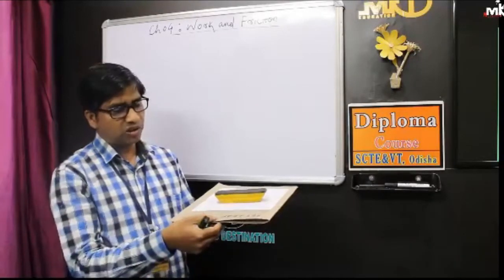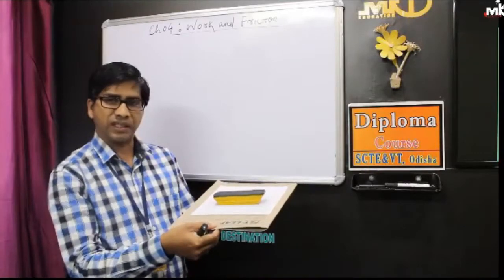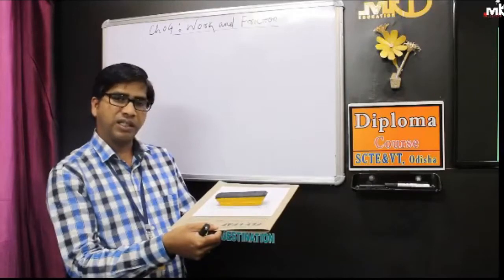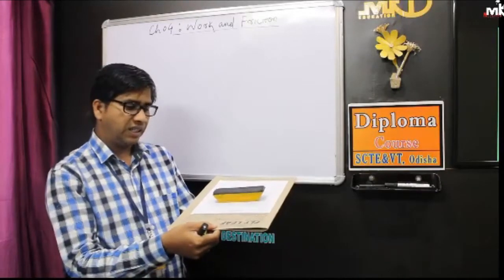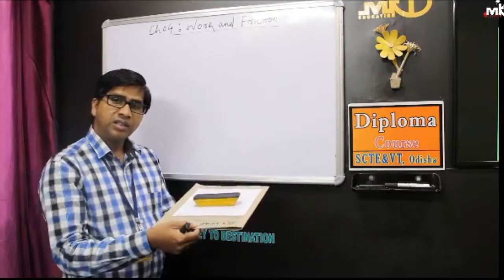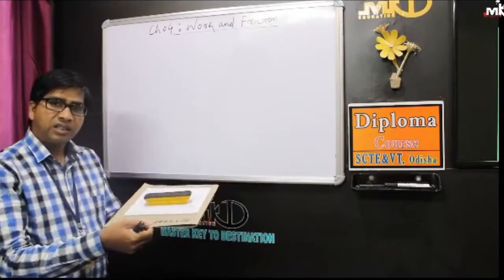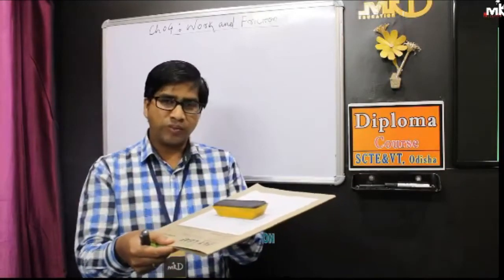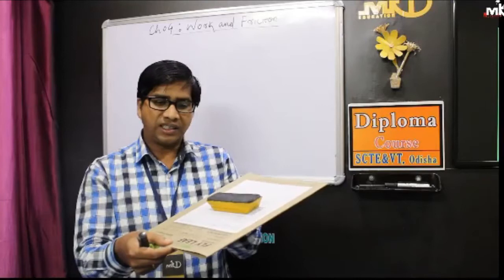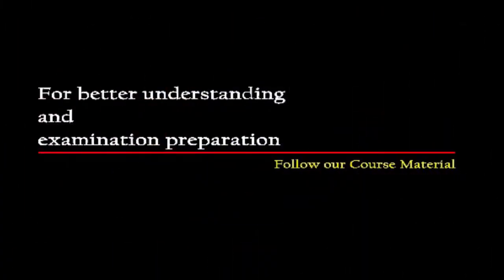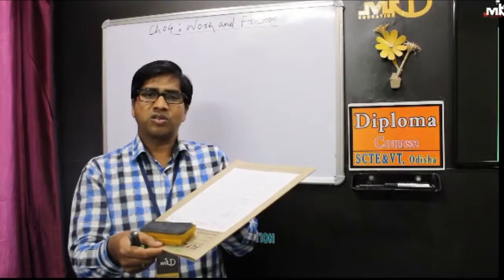What I will do is increase the angle of inclination. Initially it was horizontal, now I increase the angle so that this plane becomes inclined. You see the duster is still in its position. It is not moving. I am increasing the angle, still the duster is not moving. See? Now the duster moves.